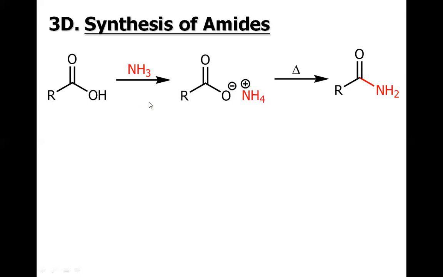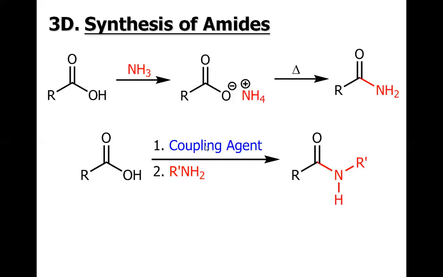So what is the remedy? What is the solution to make the amide from the acid? Obviously, the answer lies at this position. What if we convert this OH to something that becomes a good leaving group? For this, we may use a coupling agent.